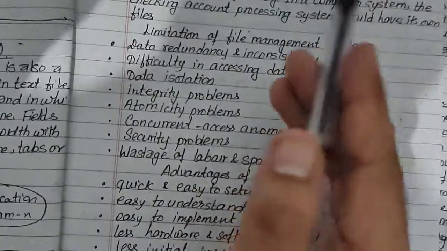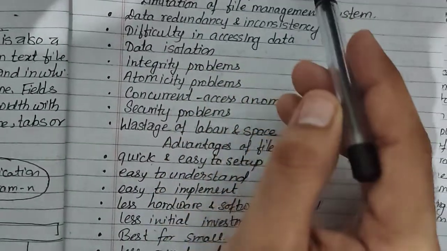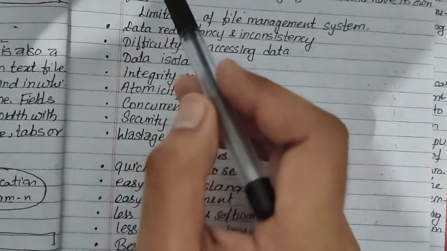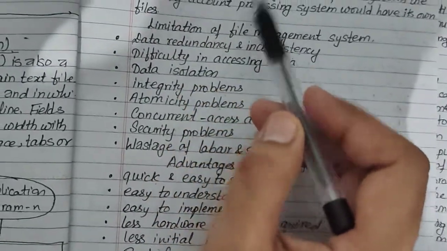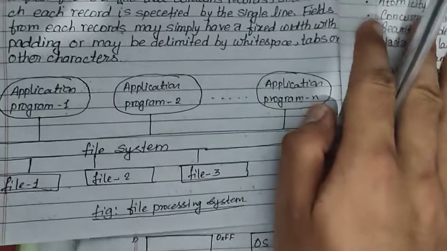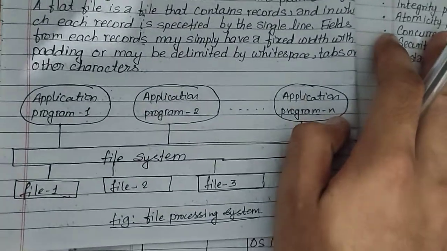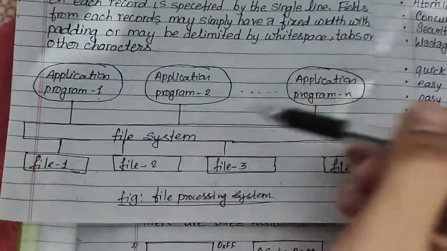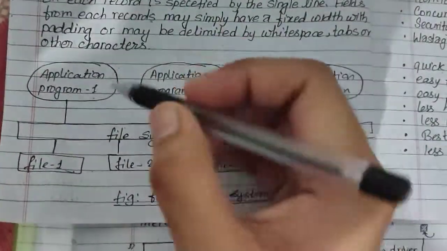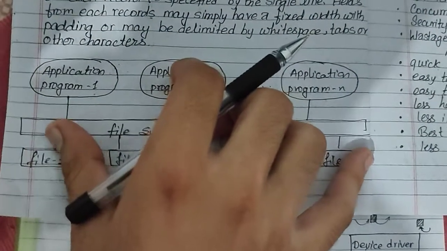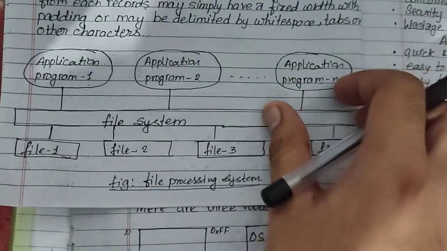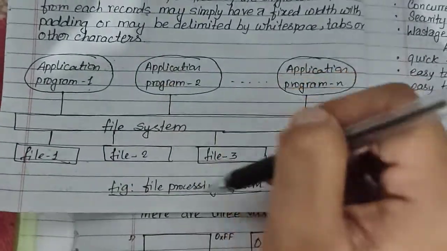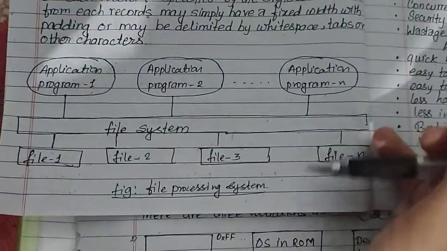In this approach, each application has a data file related to it, containing all the data, with each program associated with a specific data file. Here in the flat file system, the data are stored in plain text format. So we have application 1, application 2, and application 3, which store data in plain text in a single line, in file 1, file 2, file 3, and file n.